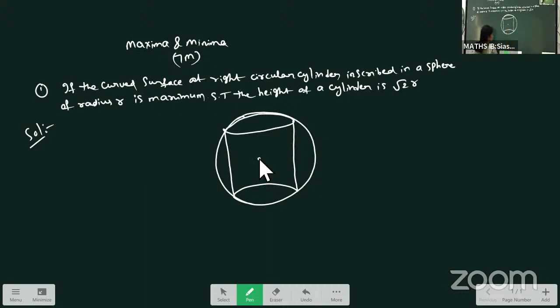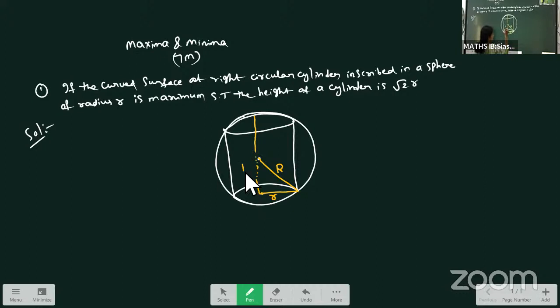We know the radius of the sphere, which we take as capital R, and the radius of the cylinder is small r, and we take the height of the cylinder as h.